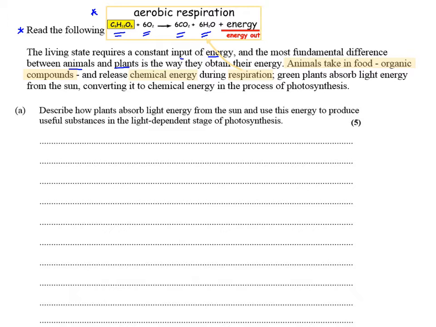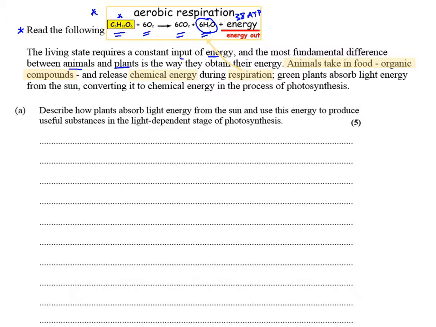It pulls the electrons through the ETC, and when they're combined, we get water. And we know there's 38 theoretical molecules of ATP being formed per molecule of glucose. So we can just write this in the margin at the top of the question.